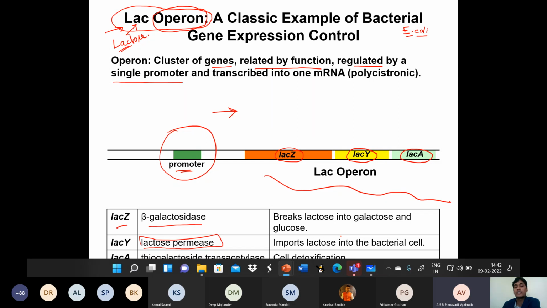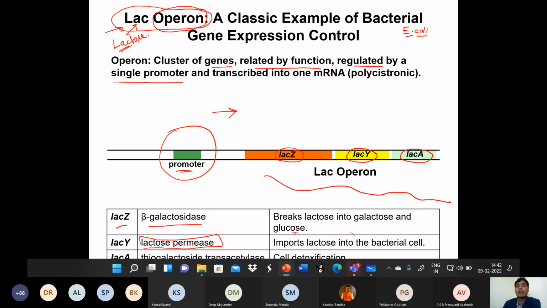So lactose permease's function is to bring lactose molecules from outside to inside, that means from the media to inside. That is what imports lactose into the bacterial cell. So first you need to import and then you can break it down using beta-galactosidase, so that you will get energy from the glucose molecule, right?